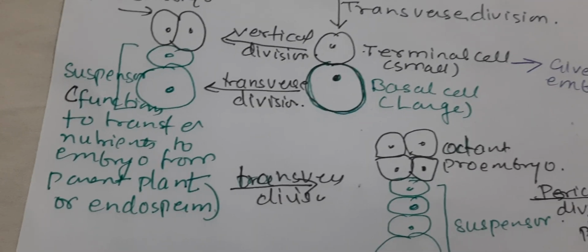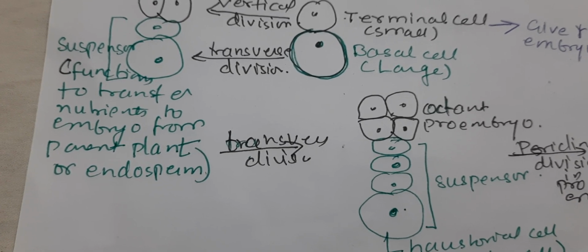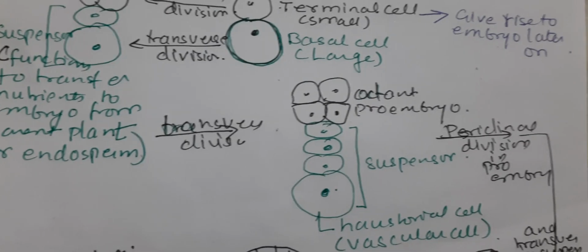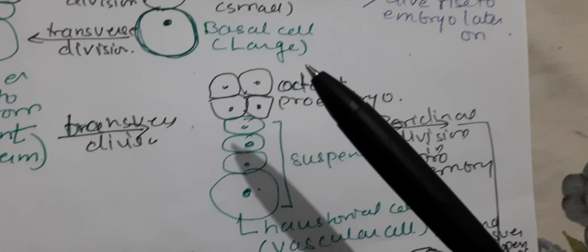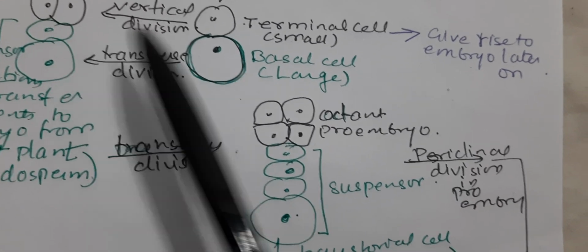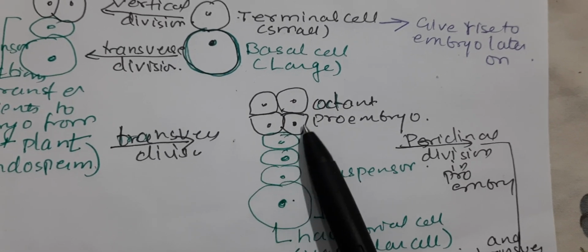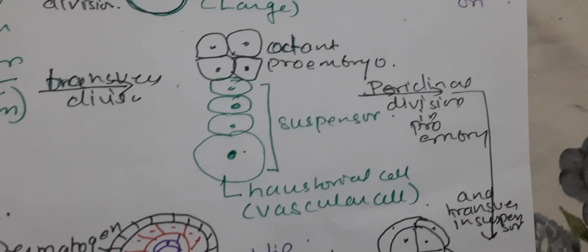They function to transfer nutrients to the embryo from the parent plant, or we can say from the endosperm. Then later on transverse divisions occur, and the embryo goes from 2 cells to 4 cells. This is known as the octant proembryo, and the whole is actually the 8-cell stage.